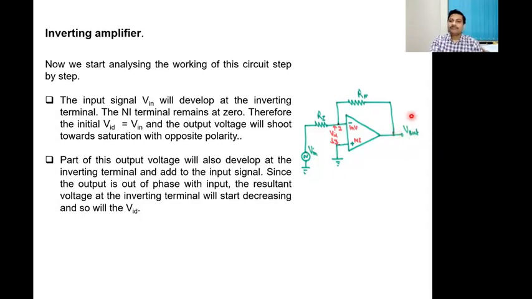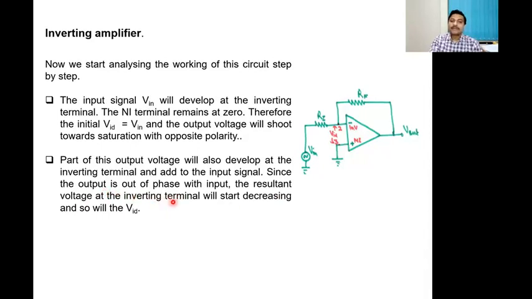However, this V out is of opposite polarity, or out of phase, with V in. So the resultant voltage at the inverting terminal, pin number 2, will start decreasing, since the potential at pin number 3 always remains constant at 0 because it's grounded.